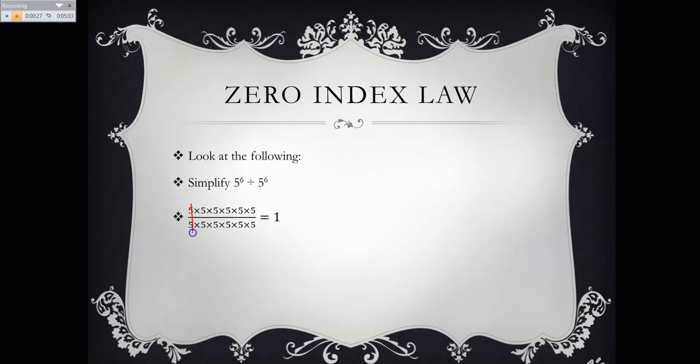So 5 into 5, 1, 5 into 5, 1, 5 into 5, 1, 5 into 5, 1, 5 into 5, 1, 5 into 5, 1.